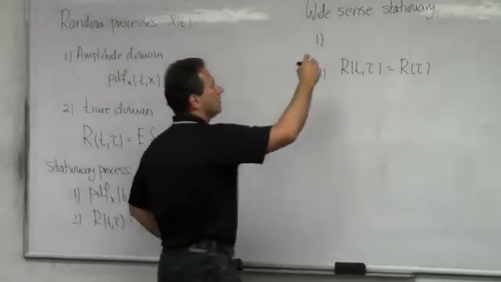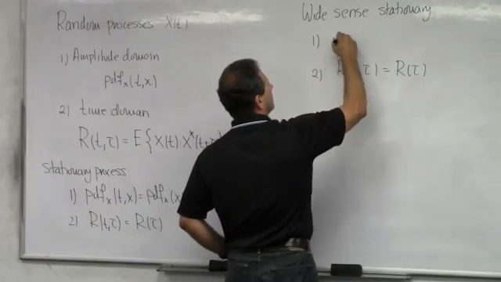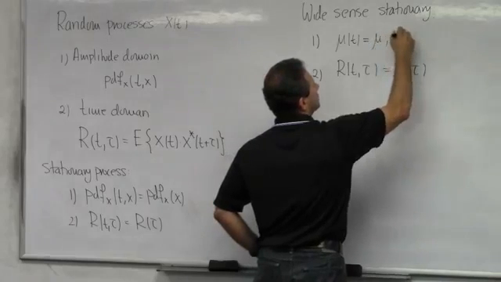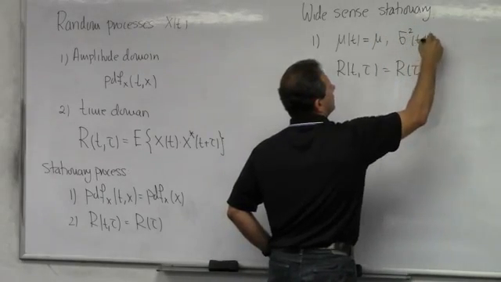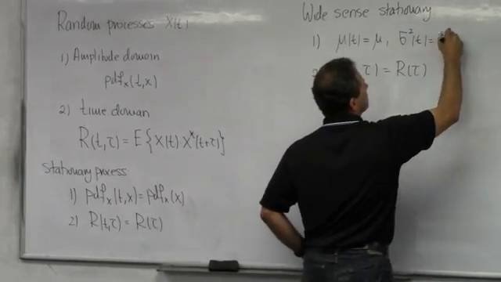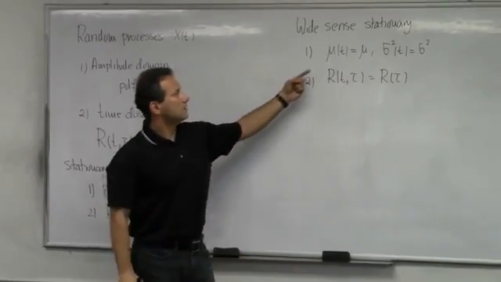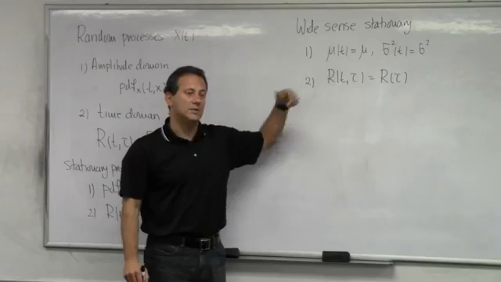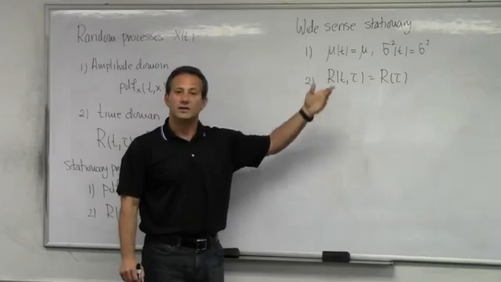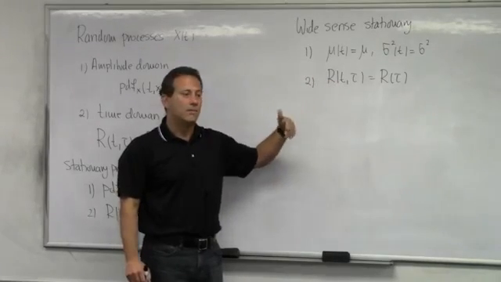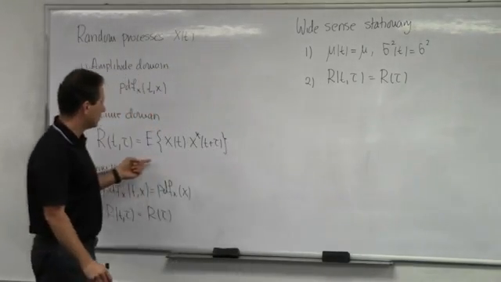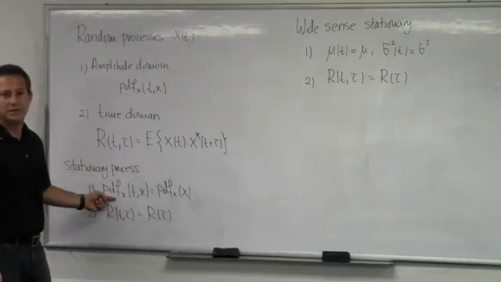But here we have a weaker condition where we require that mu of t is just equal to mu and sigma squared of t is equal to just sigma squared. So we are requiring that the first two moments of the process do not change over time. Its mean does not change and its power does not change, but the rest of it may change, right? So this implies that all moments stay the same.